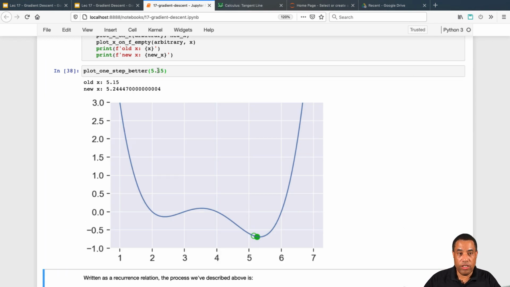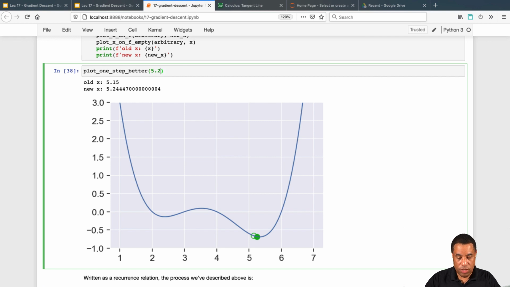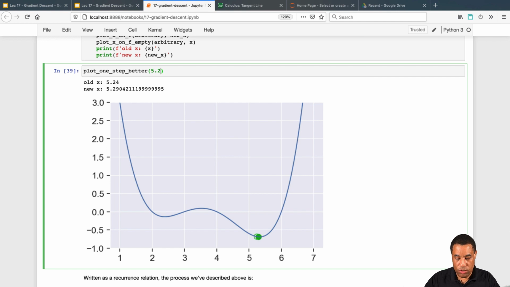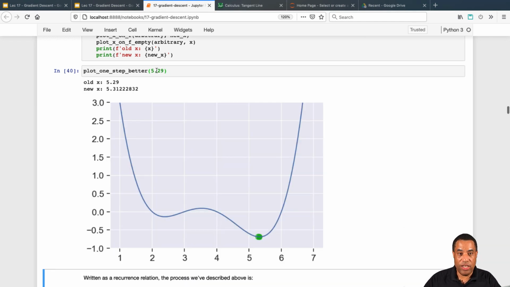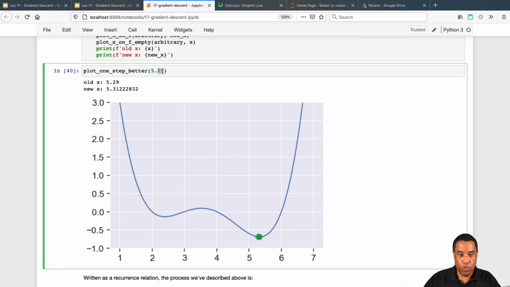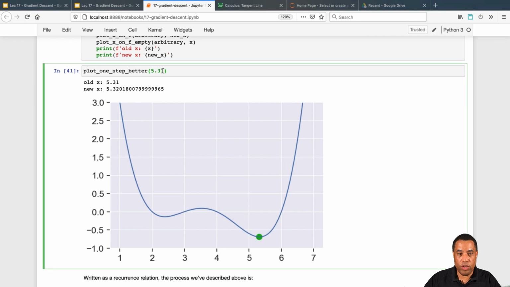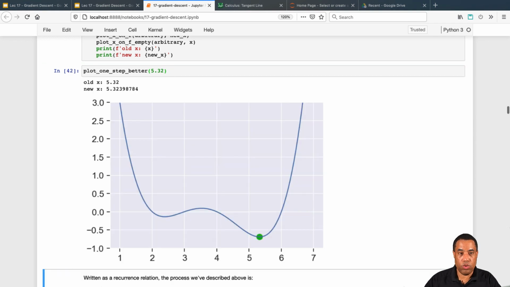And then small steps, 5.24. And even smaller steps, now 5.29. And we're now at 5.31. And then we go to 5.32. And it looks like we've converged. So our minimum is somewhere around 5.32.